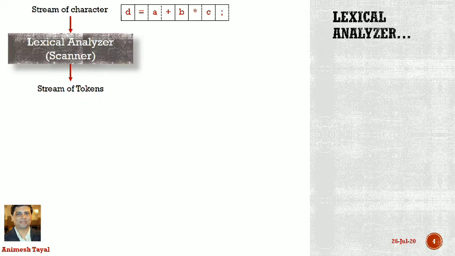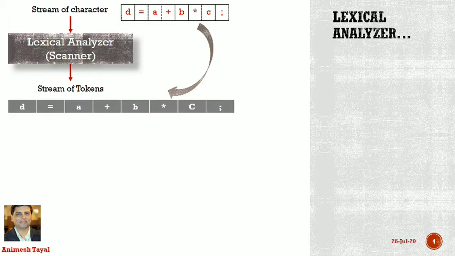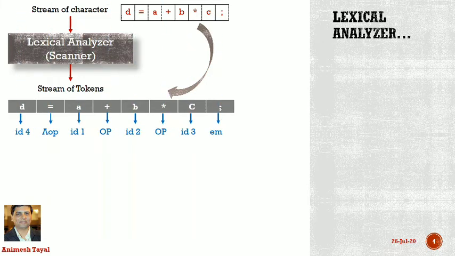In that case, the lexical analyzer will check all the variable names in the symbol table, and the symbol table will return the identifier names and other operator names, like d is stored as identifier ID4, equals to is an operator, the assignment operator of C language.